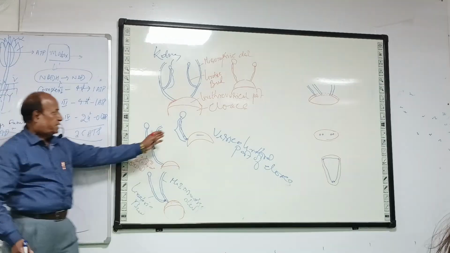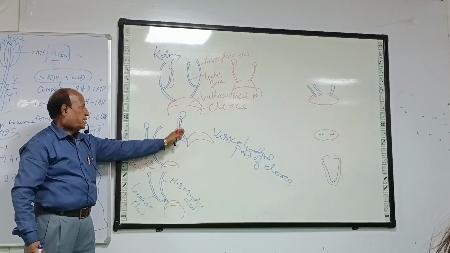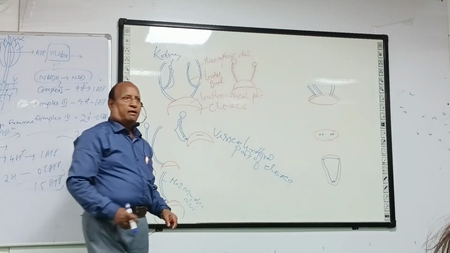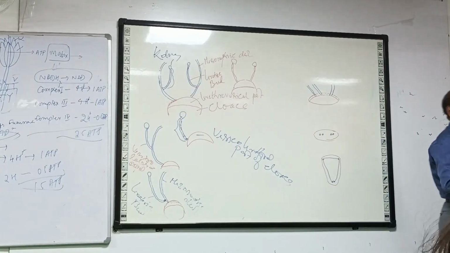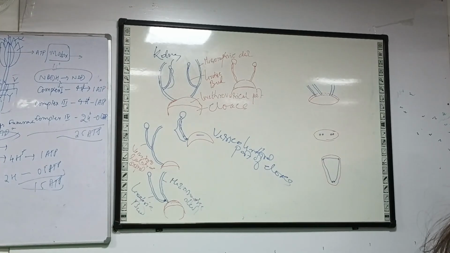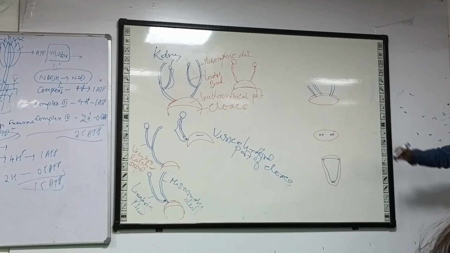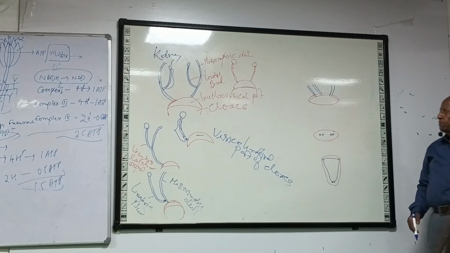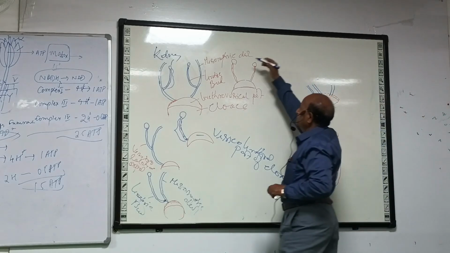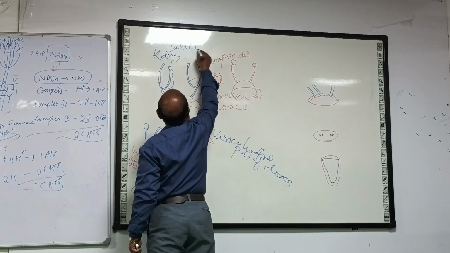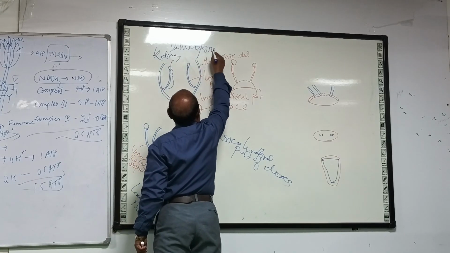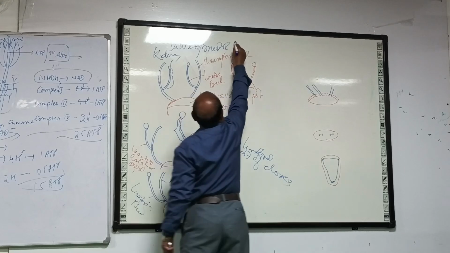And if ultimately you see here, this ureteric bud becomes separated from the mesonephric duct and opens in the urogenital part. So in this way the ureter develops. The second diagram shows the development of the ureter, give the heading here: development of ureter.